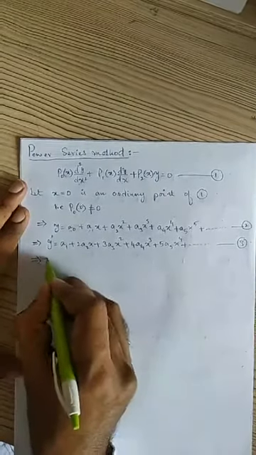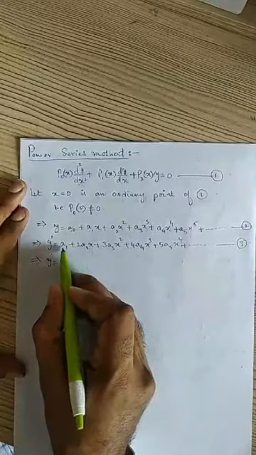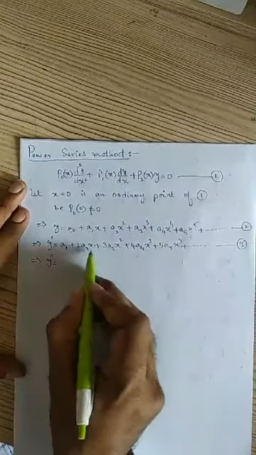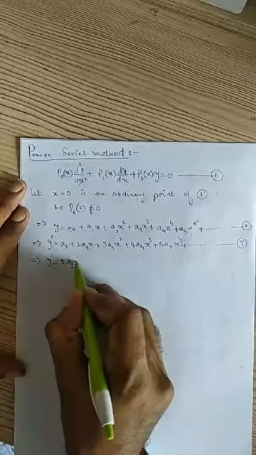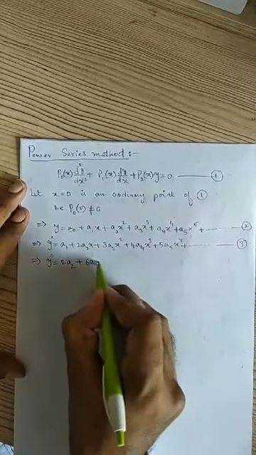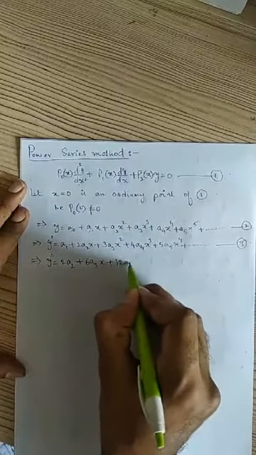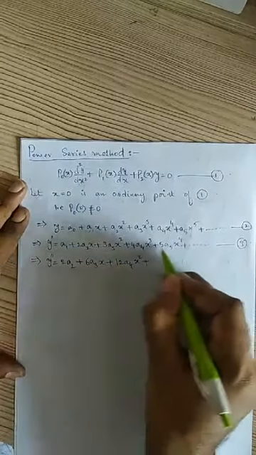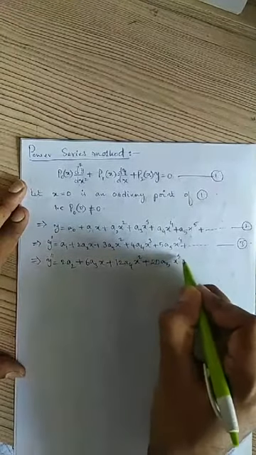I also need y double dash, so I'll find y double dash also. Derivative of a1 is 0. Now derivative of this term is 2a2, and the derivative of this term is 6a3x plus 12a4 x square, plus 20a5 x cube plus so on.